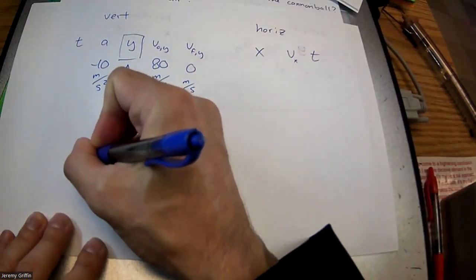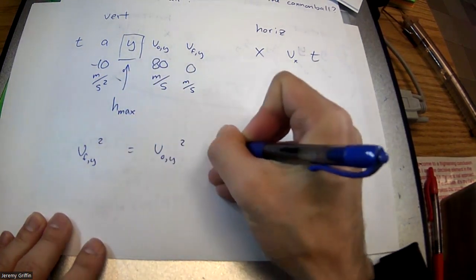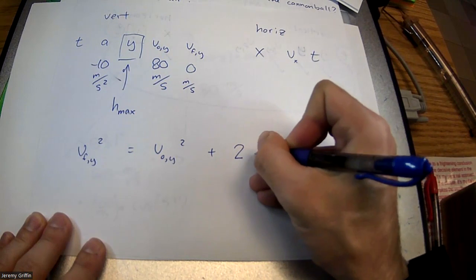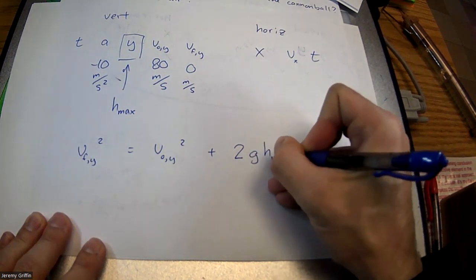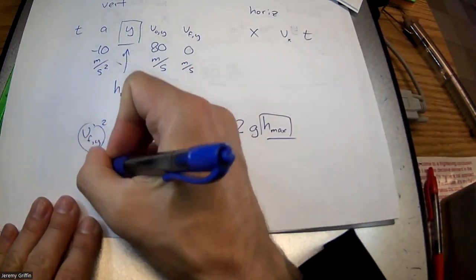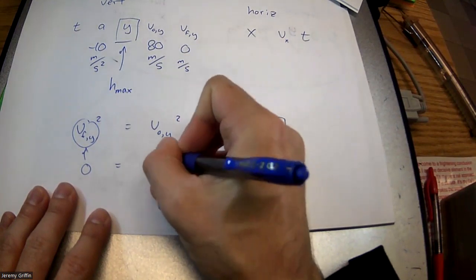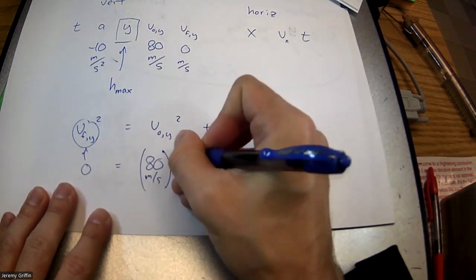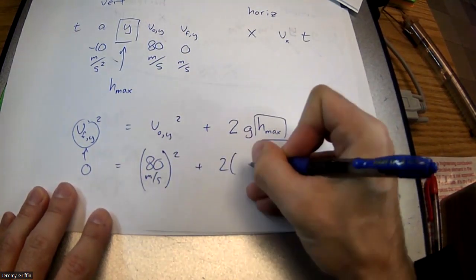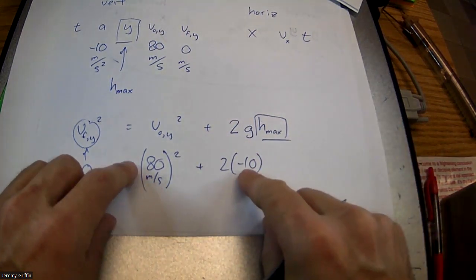So I'll go VF in the Y direction squared equals V naught in the Y direction squared plus 2G H max, where this is going to 0 to correspond to H max. This is 80 meters per second. And then G we're calling negative 10 meters per second squared so that we can get the signs to agree, right?